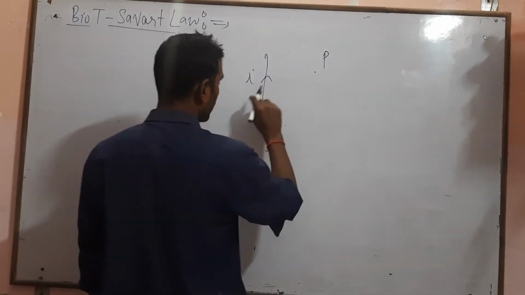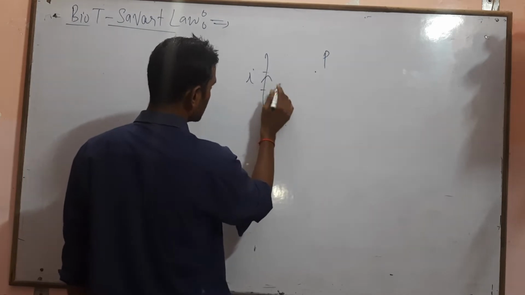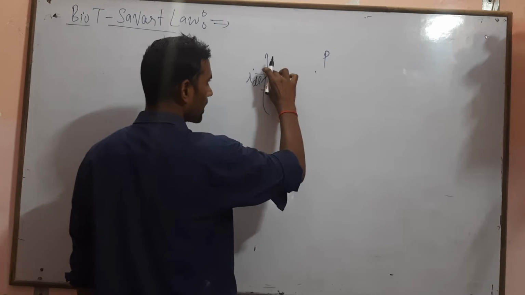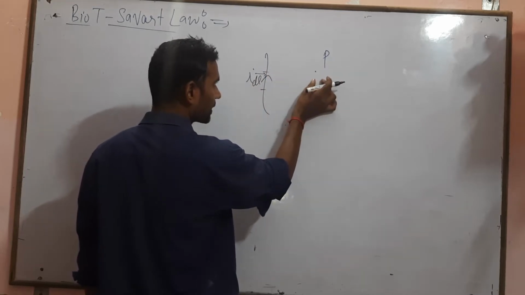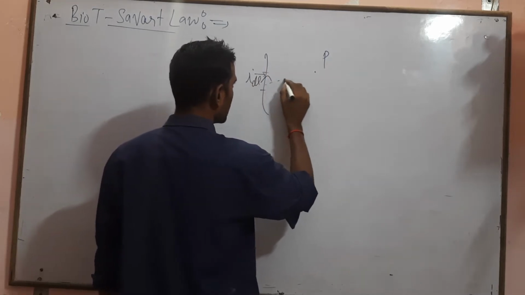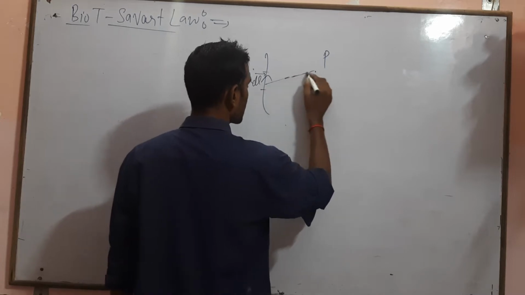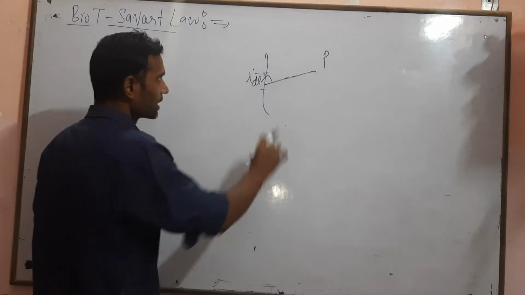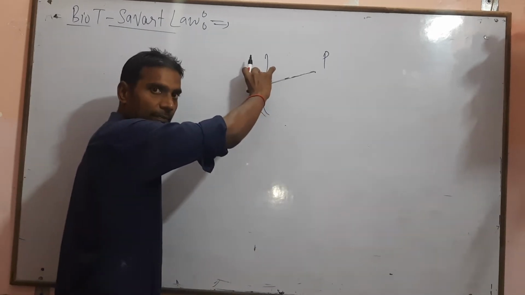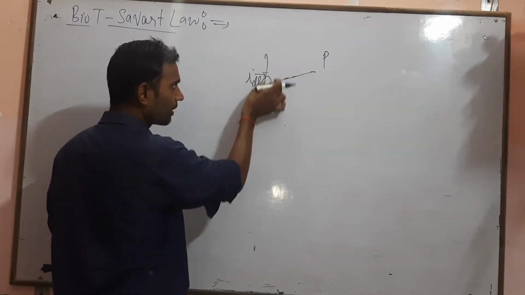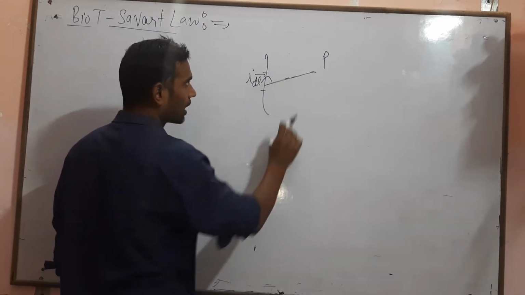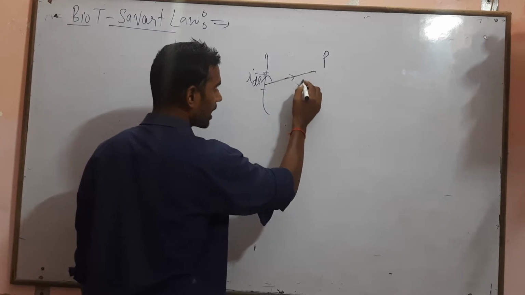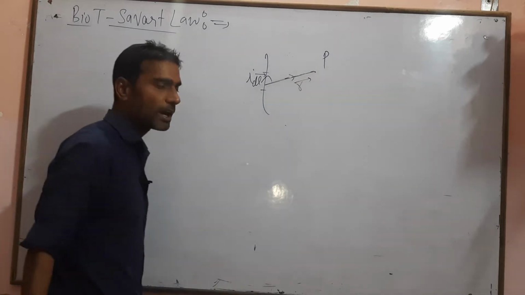according to Biot-Savart law, let us suppose this is dl, the small element. Due to the small element, we need the magnetic field at point P, which is in this situation. This is the element vector. The current will be vertically upward, and we need the magnetic field at point P. This is the R vector.